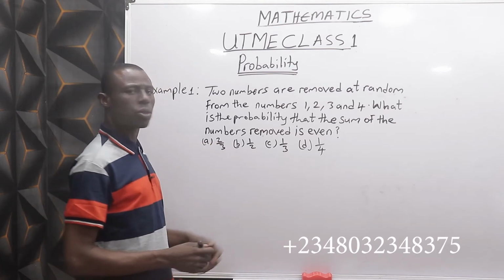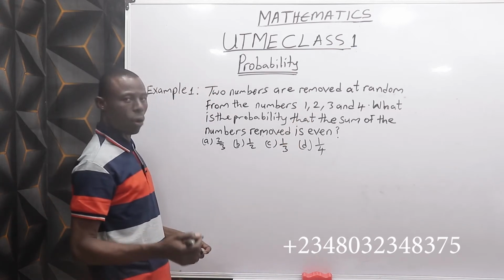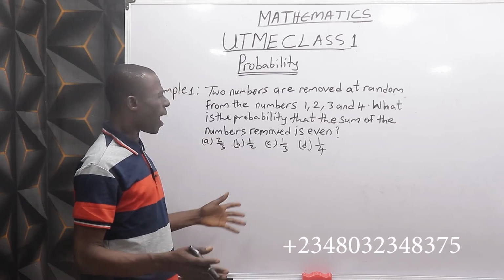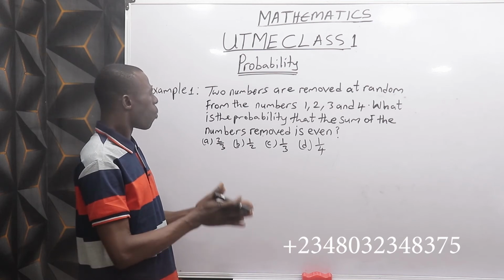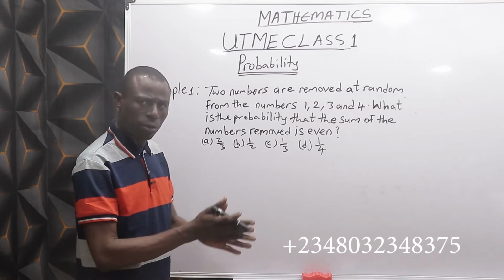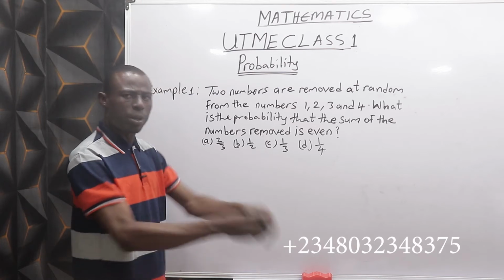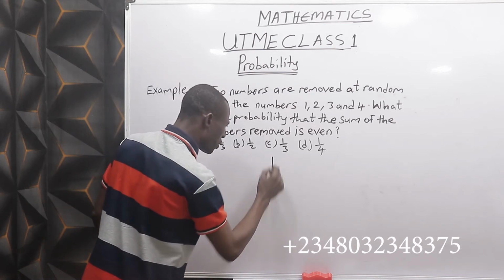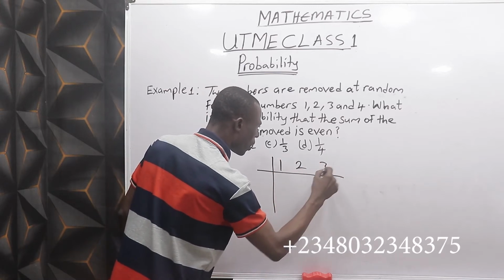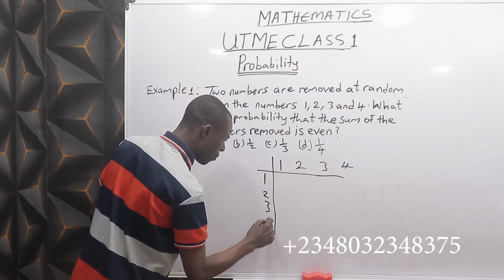Now, to attend to this question, what are we expected to do? We are given 1, 2, 3, and 4, and 2 of them are removed at random and added together. What is the probability that the sum of the numbers removed is even? When we take 2 of them and add them together, what is the probability that the sum will be even? Then we do this. First, 1, 2, 3, 4. We take it here as well, 1, 2, 3, 4.